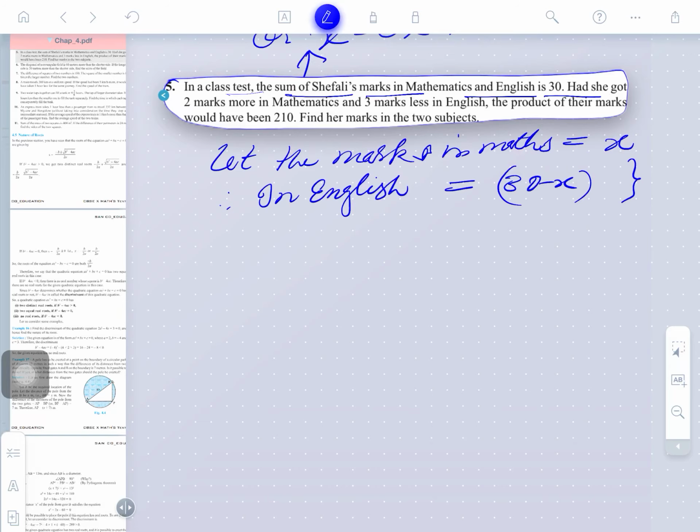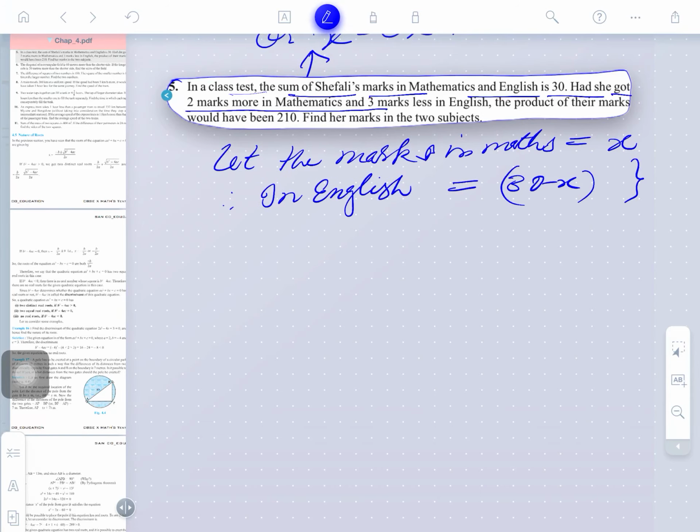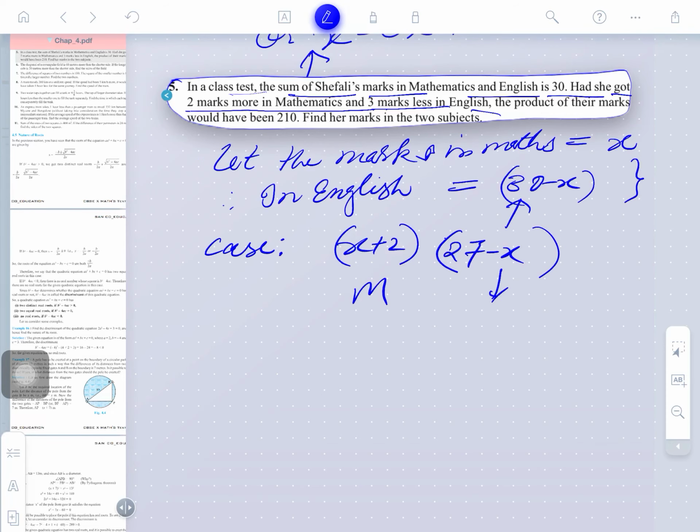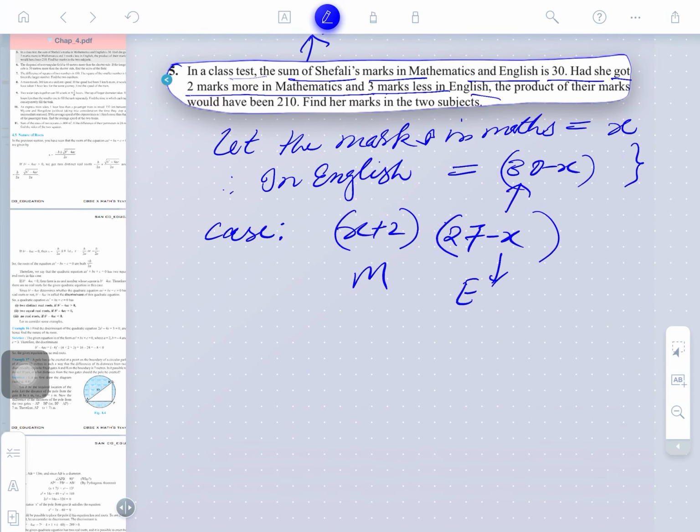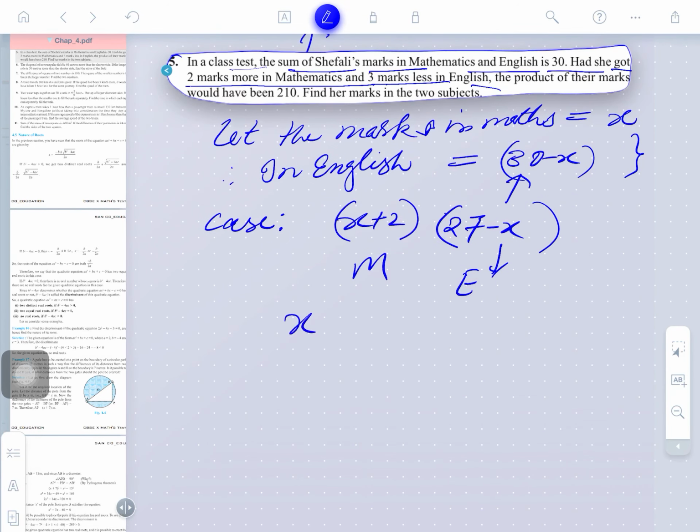Had she got 2 marks more in mathematics, meaning x plus 2, this is the case here, and 3 marks less in English, meaning 3 marks reduced, it's 27 minus x. These are the marks in math, these are the marks in English. Then their product would be 210.